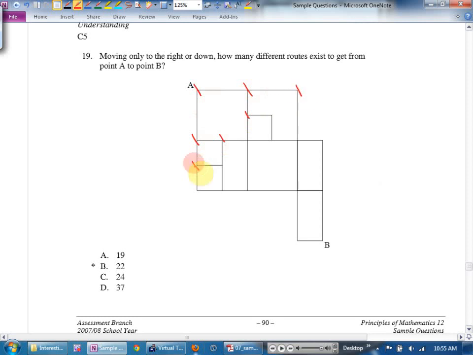Here. See it? 5. Oh, I should do this one first. What goes here? 9. 13. New 9. New 22. Right?